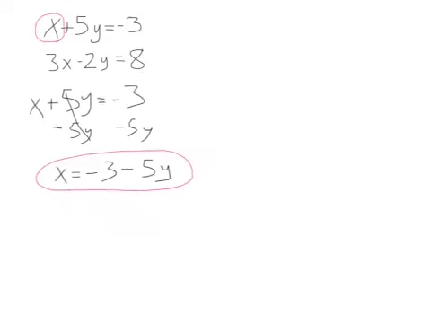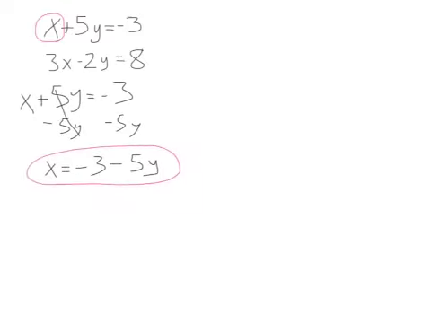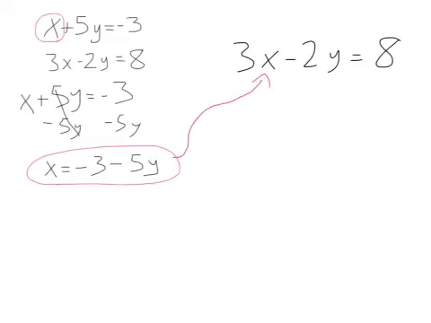So let me rewrite my second equation here. 3x minus 2y equals 8. And remember, instead of x here, I'm going to plug in this whole thing, negative 3 minus 5y. So that's going to give me 3 instead of x, I'll have negative 3 minus 5y.